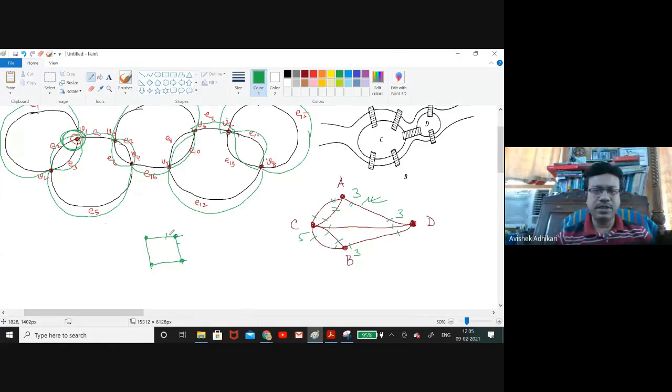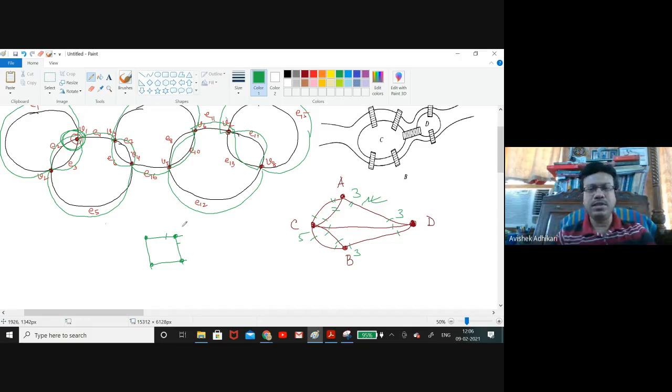So if the graph is connected and the degree of each vertex is even, then you will be able to trace that graph satisfying that property. And conversely, if you can trace all the edges exactly once, then that graph has to be connected, and the degree of each vertex will be even.